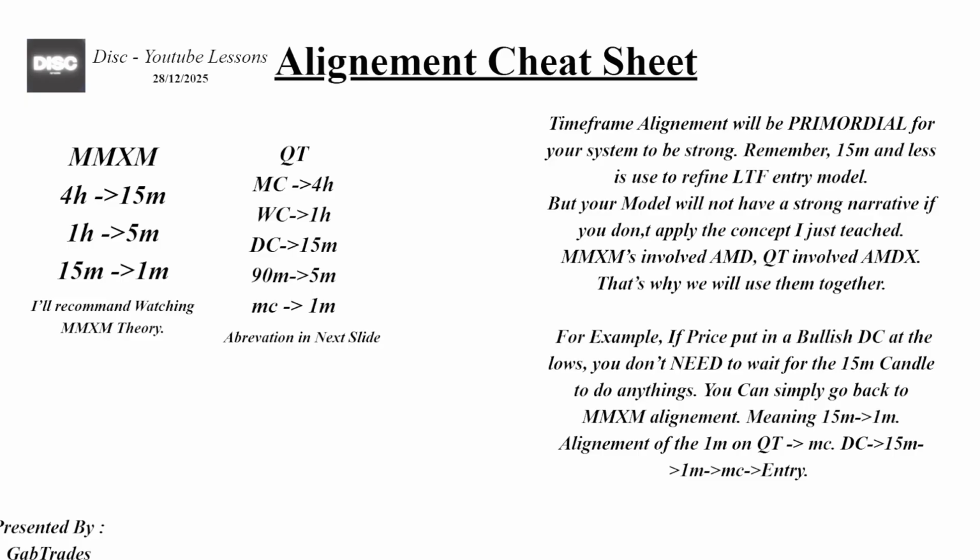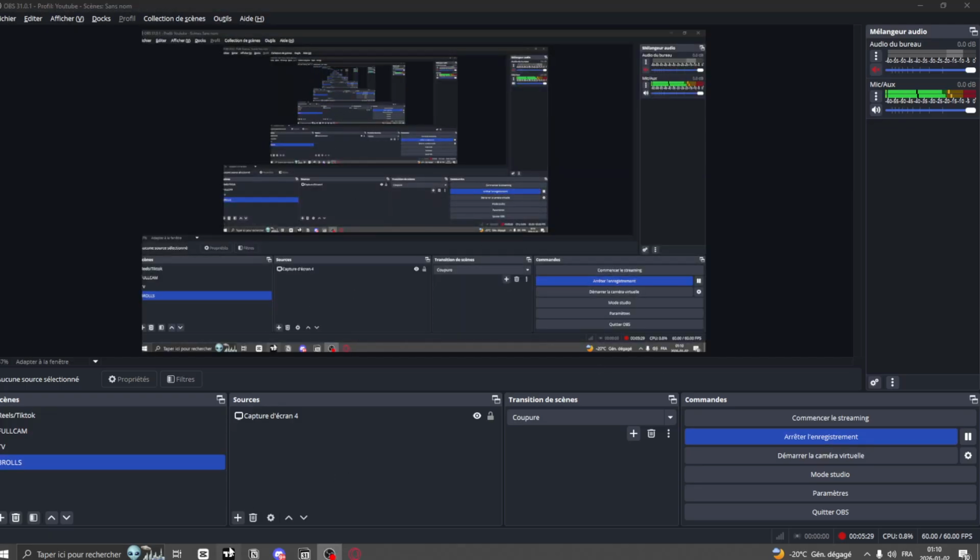And with this 1 minute alignment on QT, you go back to a microcycle SMT. So at the end, you have a daily cycle at the high or low, I don't care. 15 minute, so 1 minute, 1 minute into microcycle, and microcycle into the entry model. I'll just show an example on the chart right away.